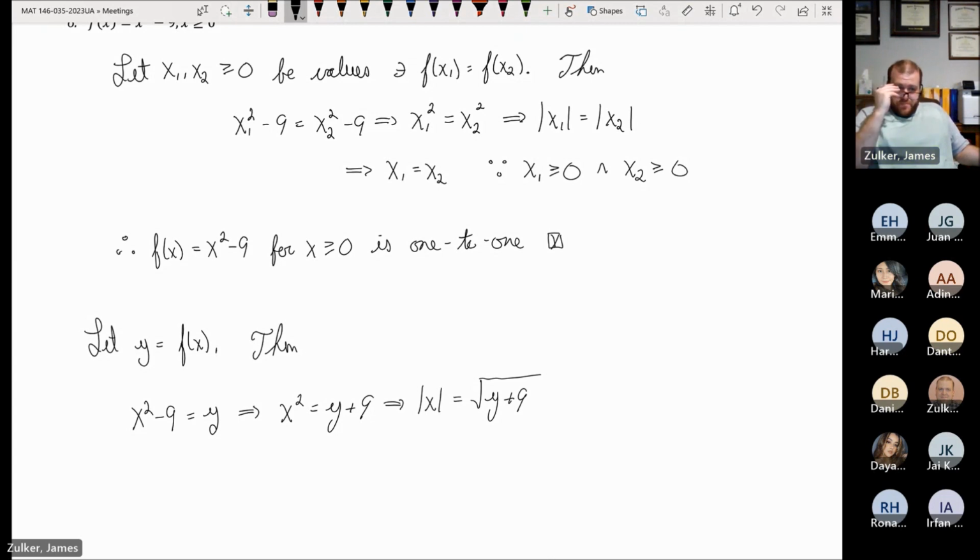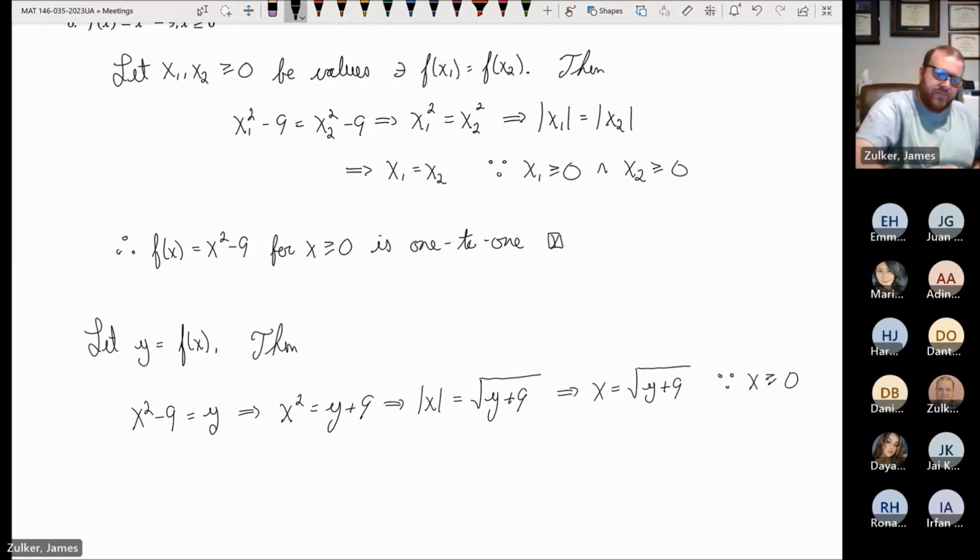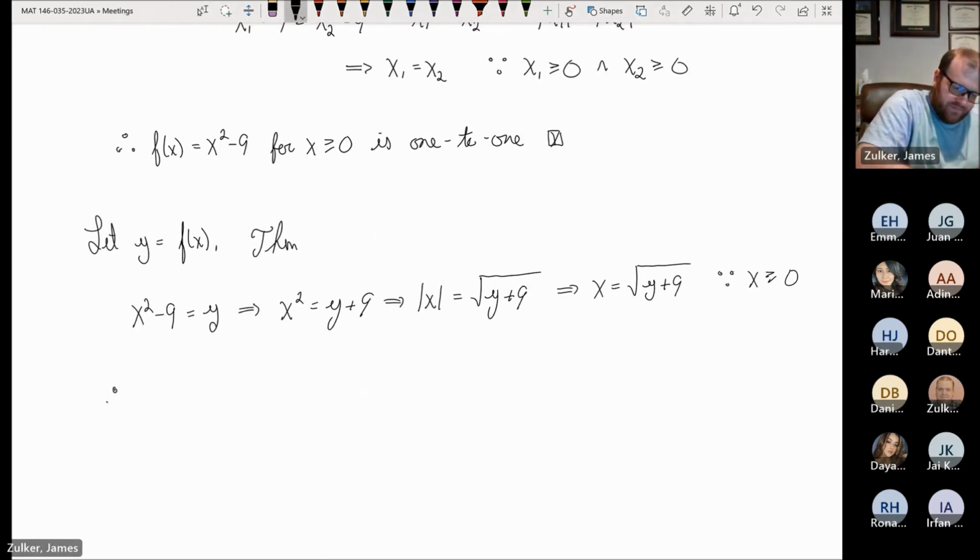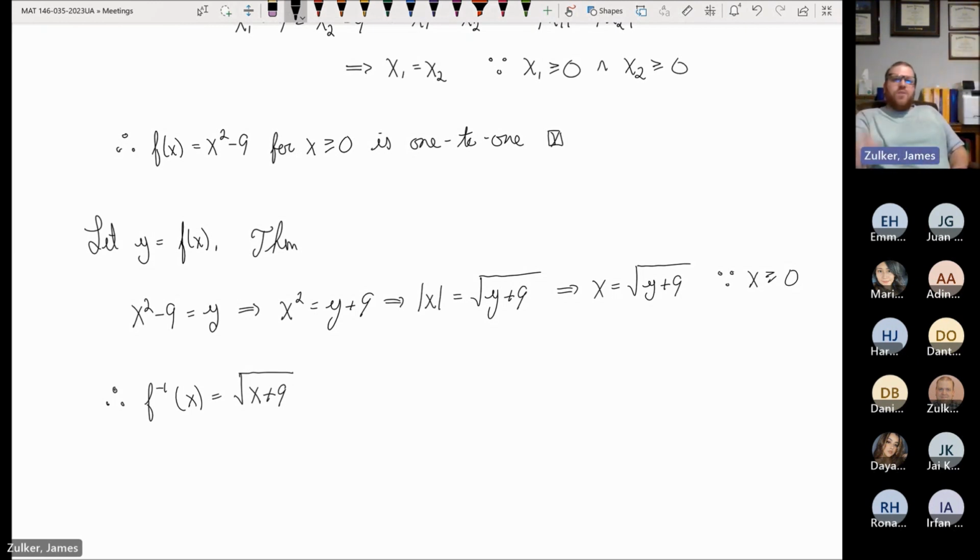Right? But remember, x has to be greater than or equal to 0. So that means that x has to be the positive square root of y plus 9. And so our inverse function would be the square root of x plus 9.